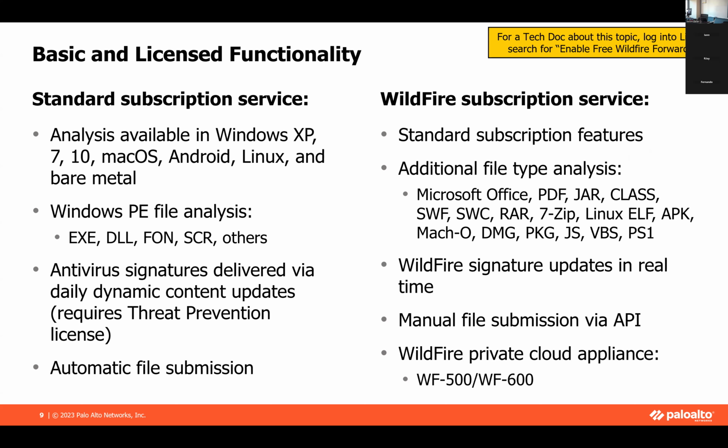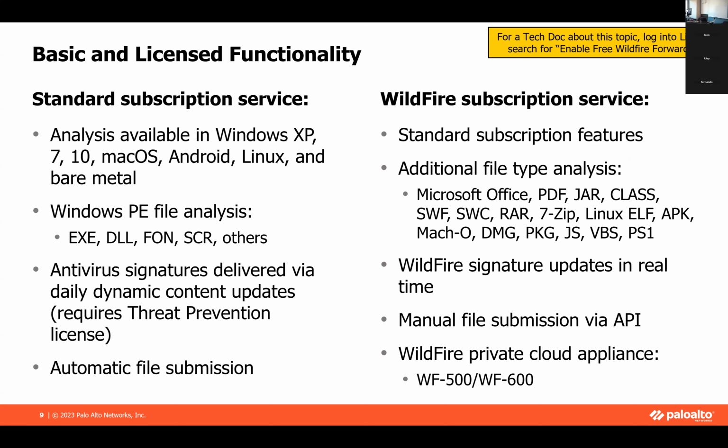In the Wildfire subscription service, you're going to have everything that was over there, plus being able to look through Microsoft Office files, PDFs, JARs, CLASS, SWFs, etc. You can see the list there, including, if you didn't notice, PowerShell scripts, Visual Basic scripts, etc., even JavaScript. So Wildfire signature updates are then done in real time, and that manual file submission you can do via the API if you choose to do so.